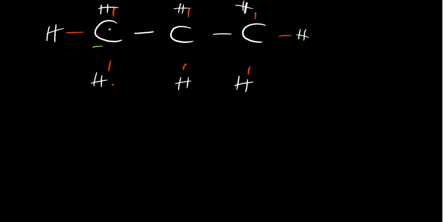When I draw that, I've already drawn my skeletal structure. So this is called the skeletal structure. The key point is that at every ending point there is a carbon. Then at every midpoint, whether there is a bend, there is a carbon as well.